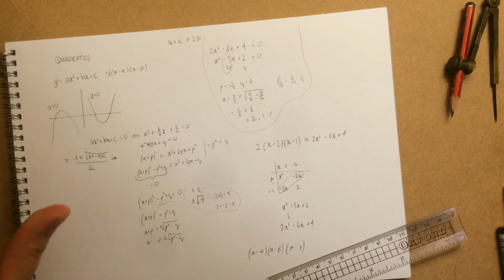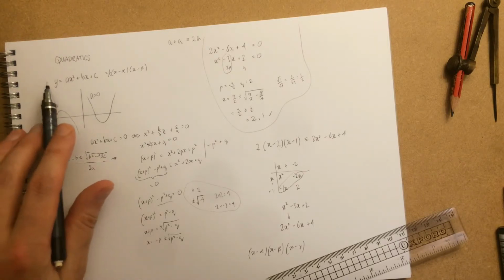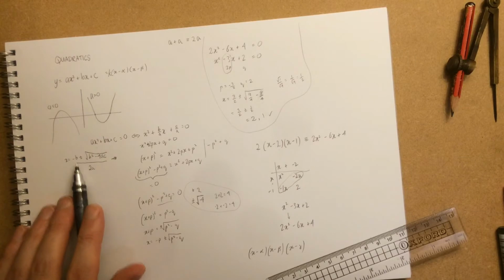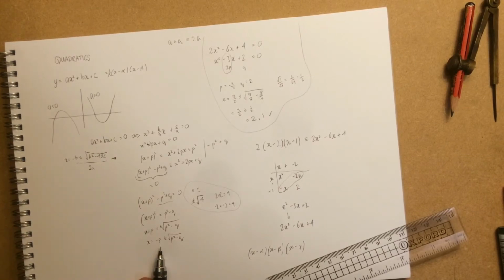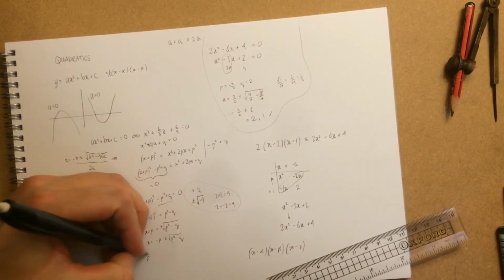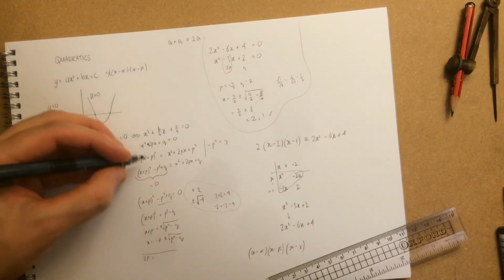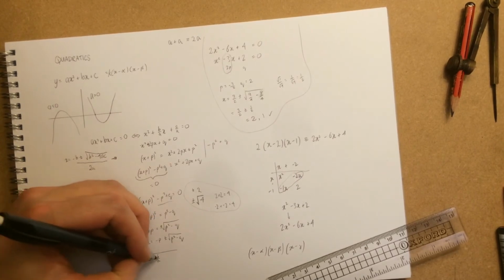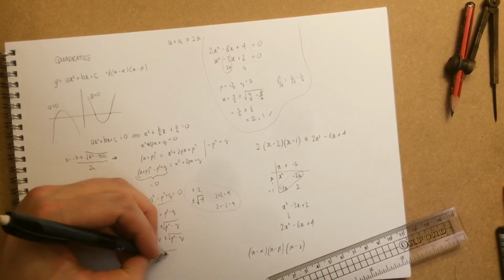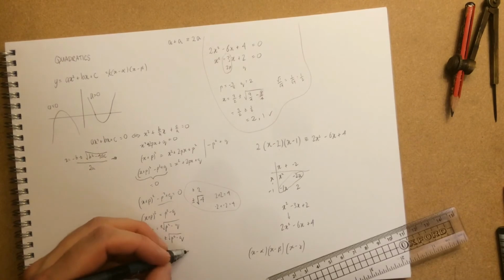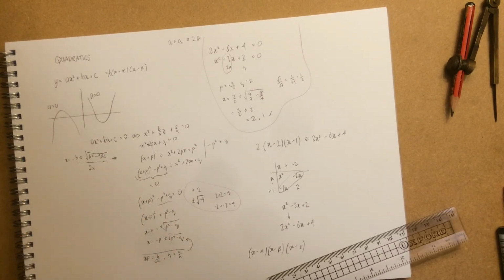Okay, so I don't want to waste effort showing why you get this formula, because this is a nicer formula. I prefer this formula. If you were to substitute p as what was p, 2p was b over a, so p was b over 2a, and q was c over a. If you were to substitute this into here and do another 5 or 6 lines, you would get out this formula.